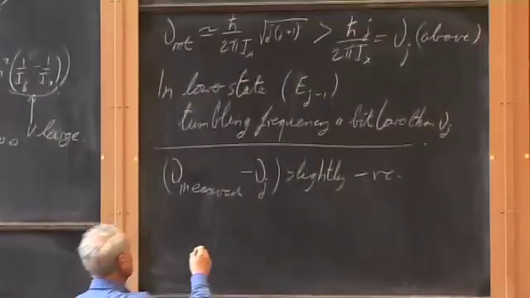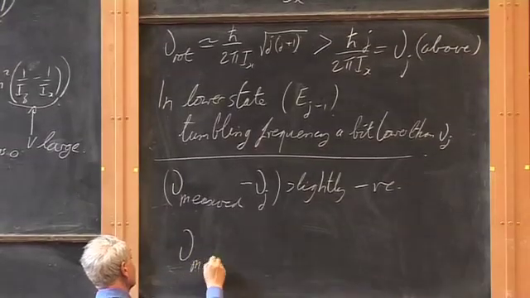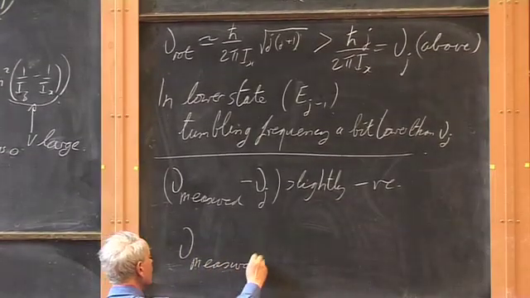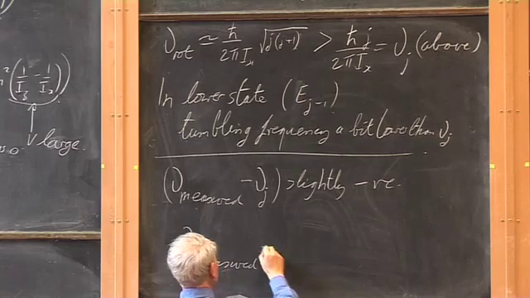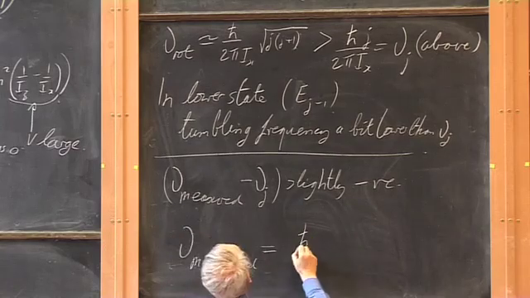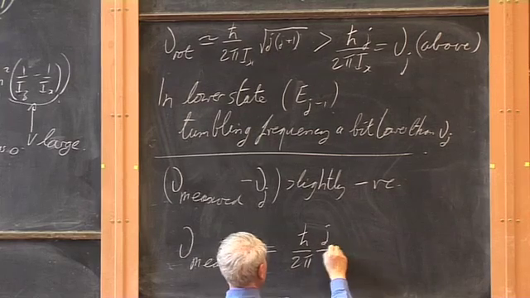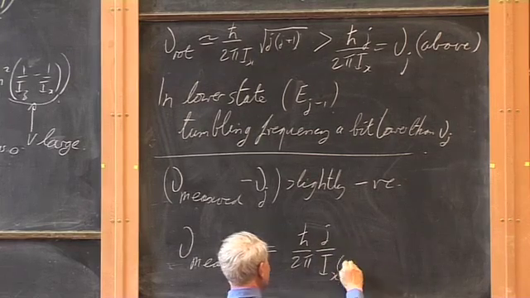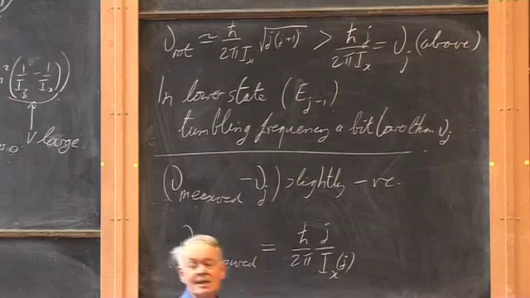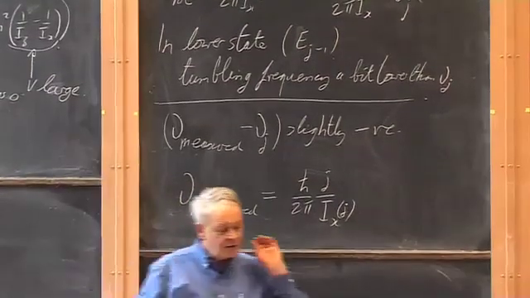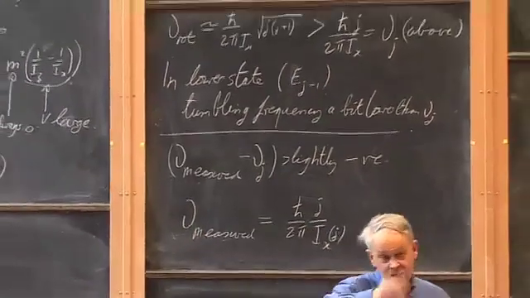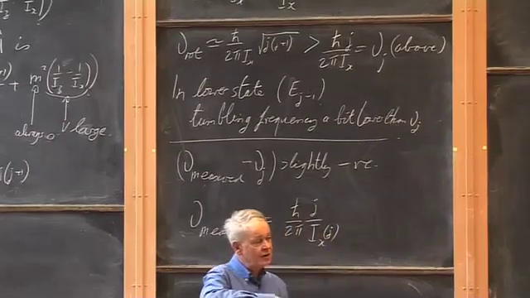And that's because nu measured is equal to, well, this is what you would think classically, h bar over 2 pi times j over I_x, which itself is a function of j, right? You make this molecule spin faster and faster end over end by firing in circularly polarized photons.